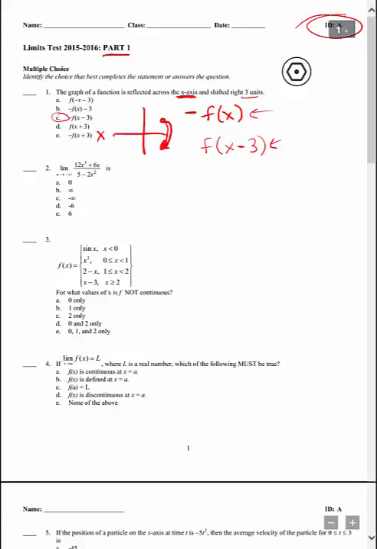Alright, on number 2, we have the limit as x approaches negative infinity, and we can rewrite this by looking for our highest exponents, so 12x cubed divided by negative 2x squared.